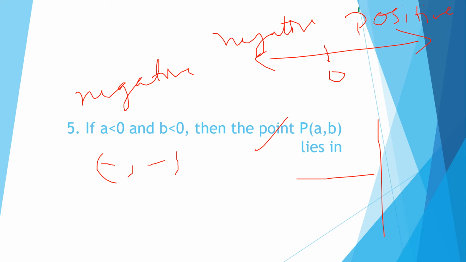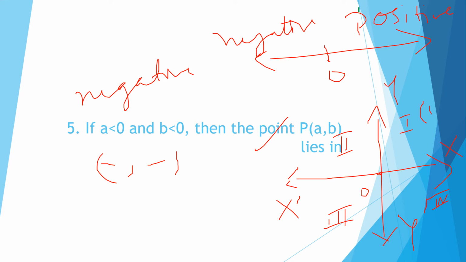So, let us recall again. In a coordinate axis, this is your x dash, y dash intersecting at the origin. It divides the plane into 4 quadrants, first, second, third and fourth. Look at the sign for each. First is positive and positive.